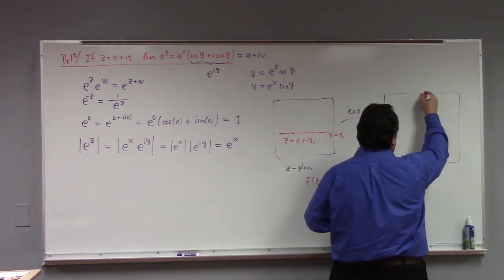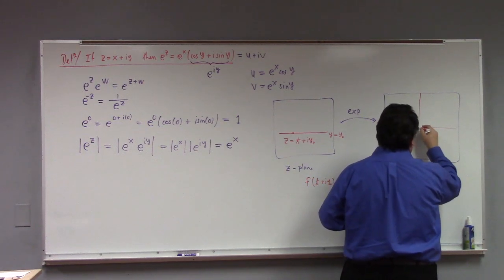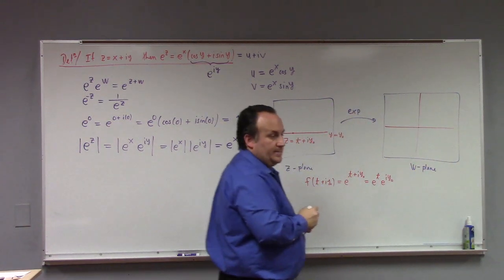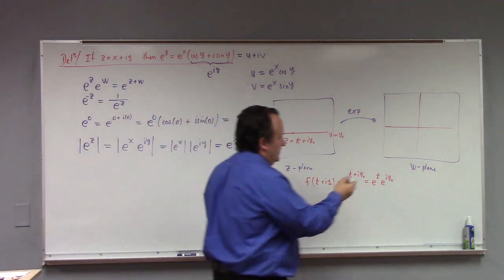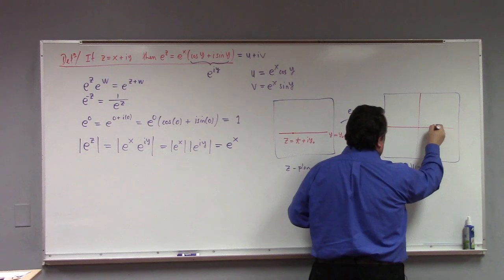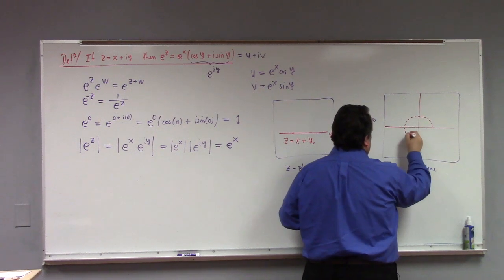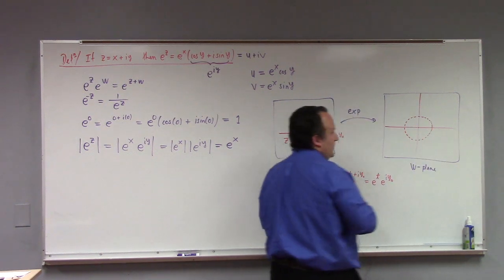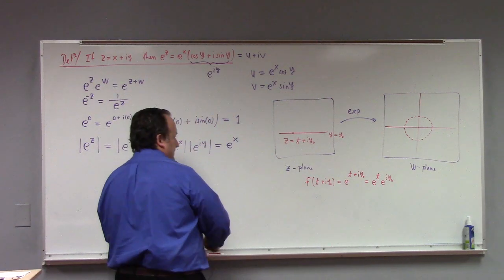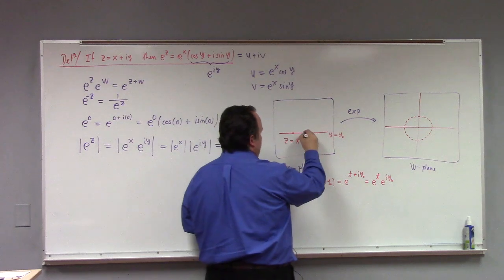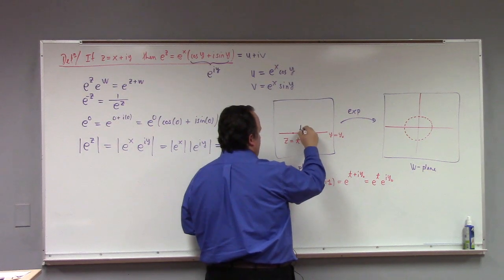So if I put the origin over here, and for the sake of reference, let's put the unit circle here. If we were to look at the particular point that comes from t equals 0, suppose this is where t equals 0 is.